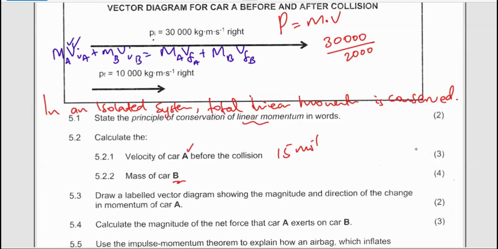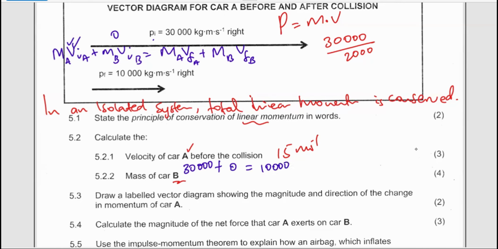So we're just going to say 30,000, plus, it was at rest, so that is a 0. The final momentum is 10,000, in the same direction.